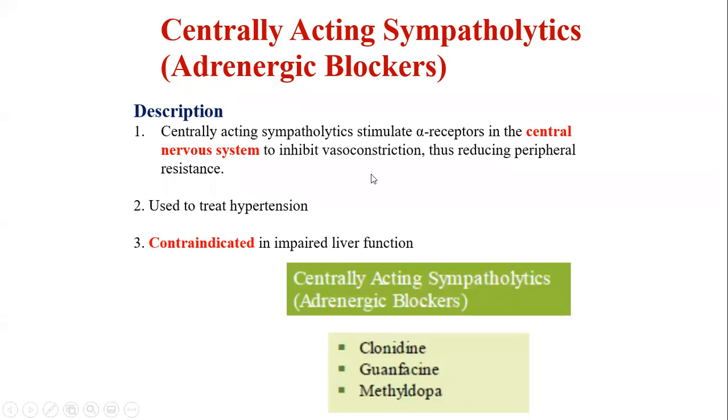They are alpha 1 blockers, but alpha 2 receptor blockers are valsartan, losartan.